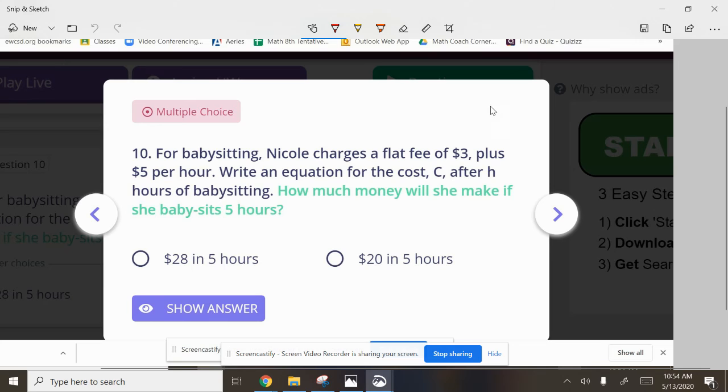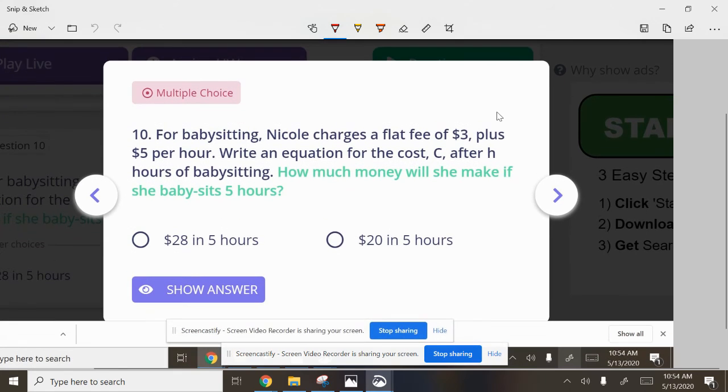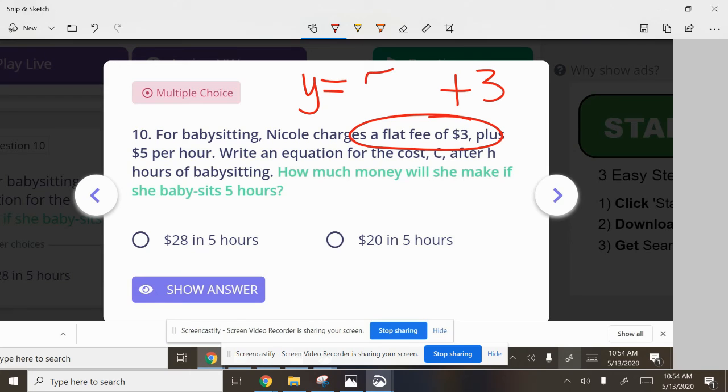All right, so if I was looking at this one here, for babysitting, Nicole charges a flat fee, starting value, flat fee. So if I'm writing my equation, plus 3, plus $5 per hour. That per is everything. That's your slope.